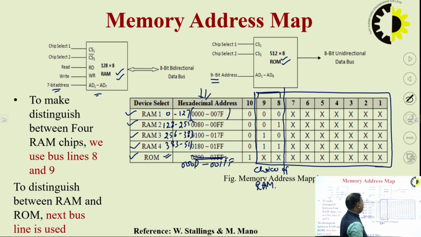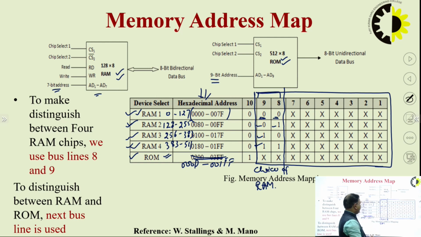That means if the combination is 00, then RAM 1 will be selected. If the combination is 01, RAM 2 will be selected. If it is 10, RAM 3 will be selected. If it is 11, then RAM 4 will be selected, right.